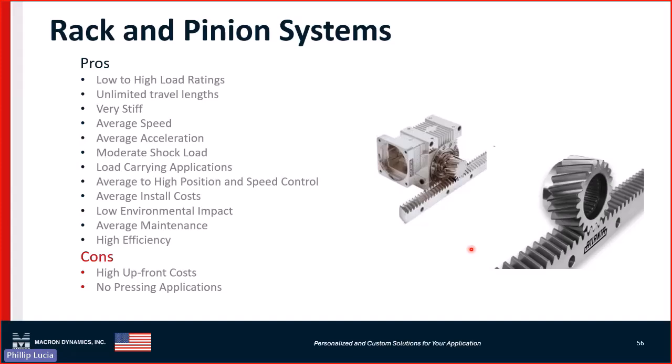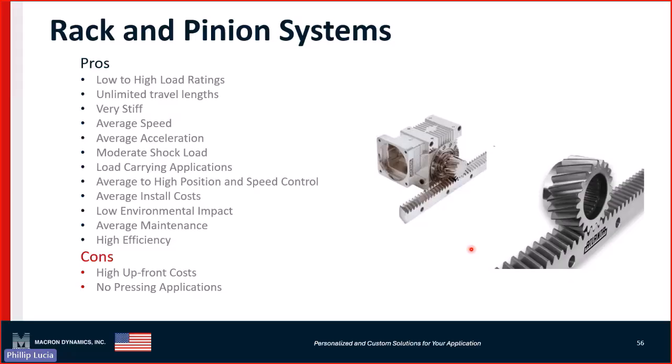They have low to high load ratings, unlimited travel links that you can just stack more rack pieces, just make it as long as you want. Average speed, average acceleration. They have great positioning control and speed control because you have a direct contact to the load. They have average install cost, very low environmental impact, average maintenance, high efficiency.